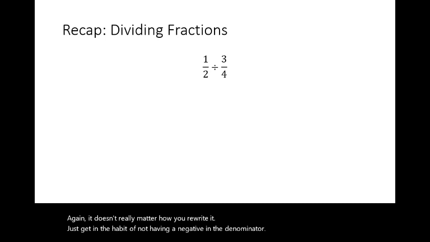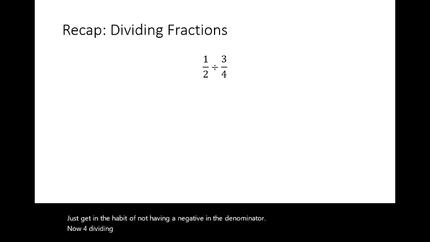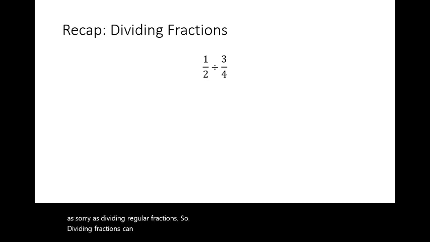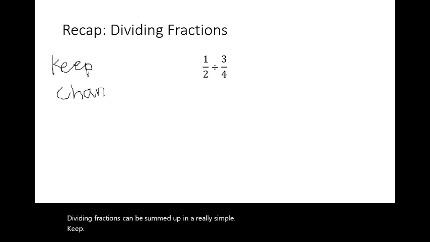Now, for dividing rational expressions, it's going to involve the exact same process as dividing regular fractions. So, dividing fractions can be summed up in a really simple phrase: keep, change, and flip.